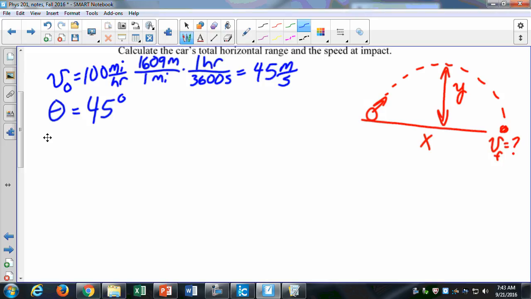The y motion will dictate how long it's in the air. So we're going to use my notes here. Our first step, and almost always this is going to be our first step, is to find the time. All right? And to find the time, we're going to use the y motion.